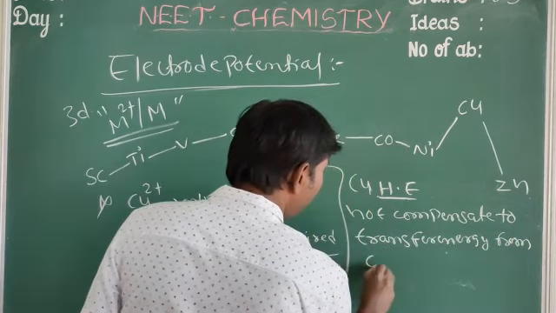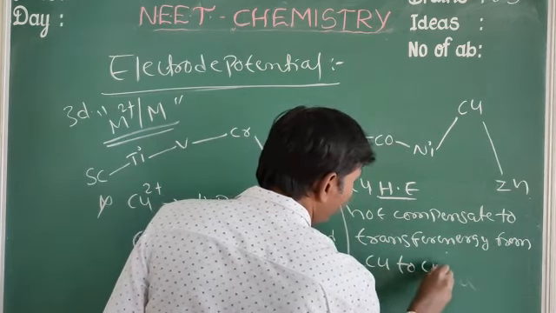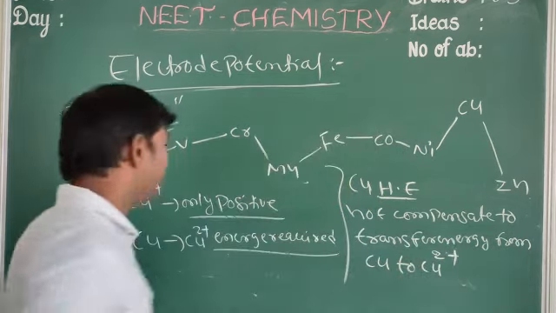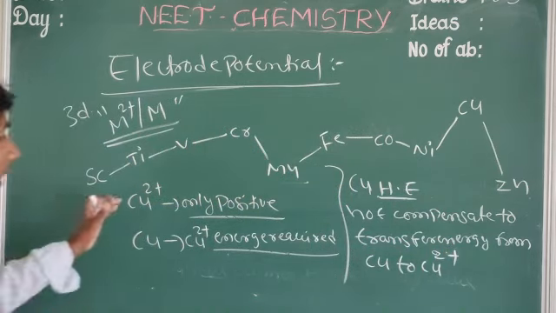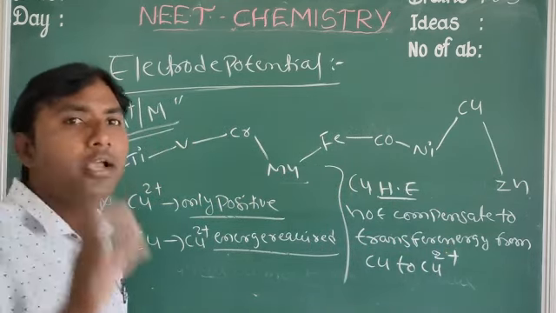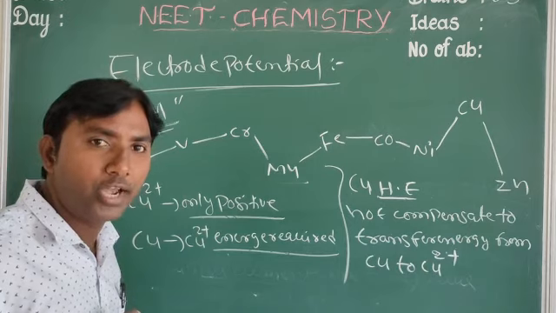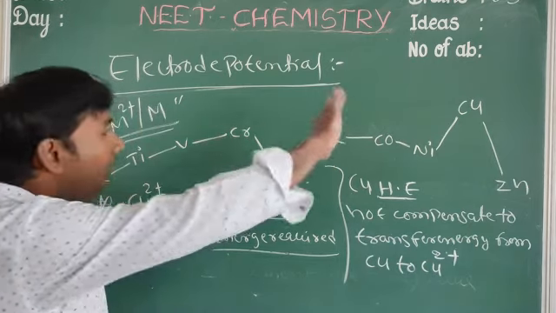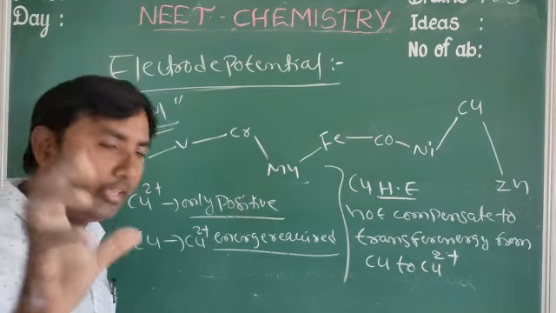That's why copper 2+ is the only positive electrode potential element along the 3d series.